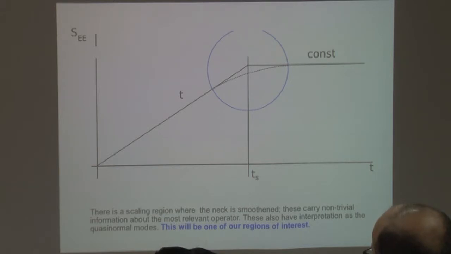I mean, basically, reaching this point requires taking a certain limit in an operator product expansion. But the subleading operators, they are there. So let me tell you what this region is.